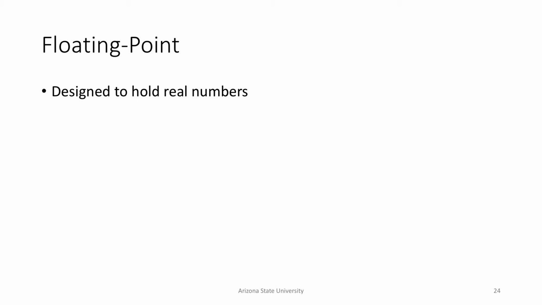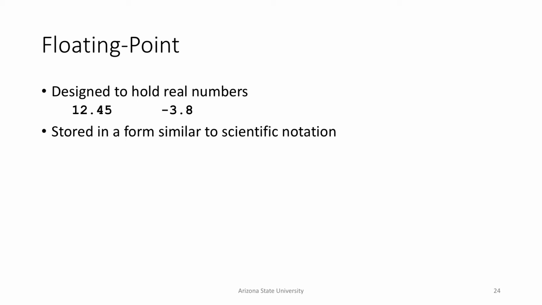For example, you can't actually store the value 0.1 in a computer precisely. You can get very, very close to representing exactly 0.1, but you can never precisely store that particular value. So what you try to do is get an approximation for how close you can get to representing that number.